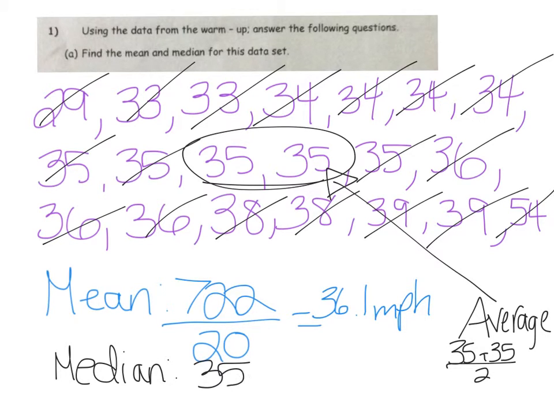So my median is 35. If you have an odd number of data in your set, for example, if I only had 19 numbers, then that number in the middle is your answer. You don't have to find the average there. Okay, so our mean was 36.1 miles per hour and our median is 35.